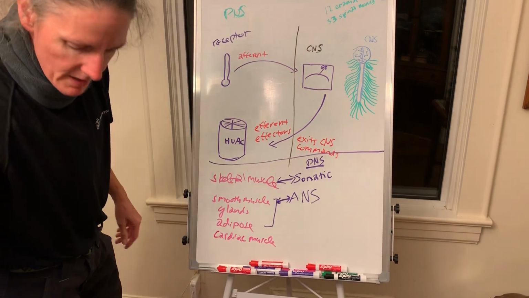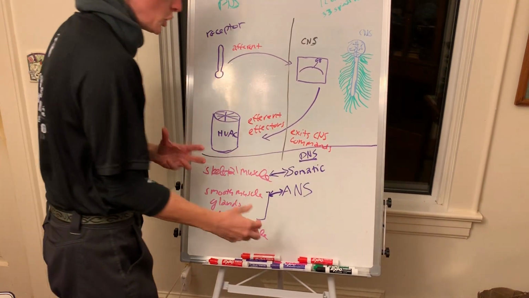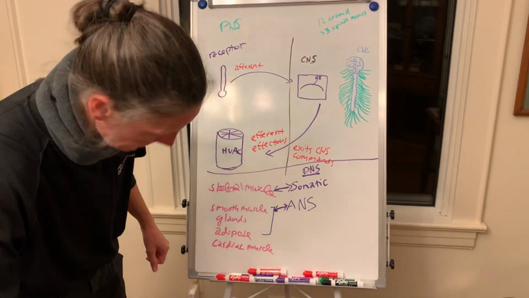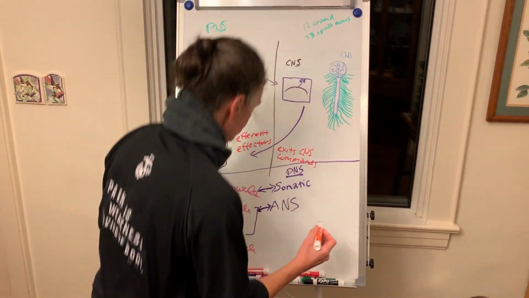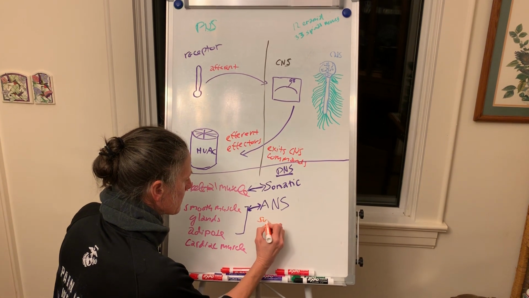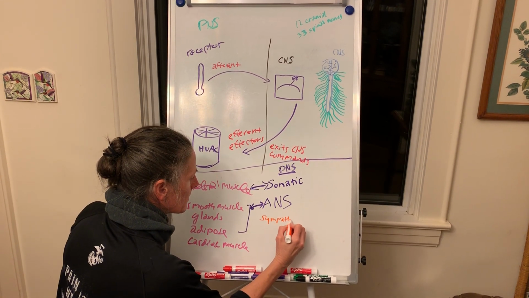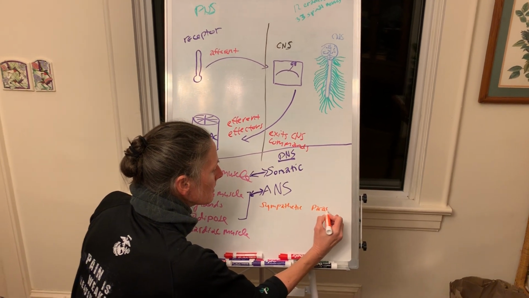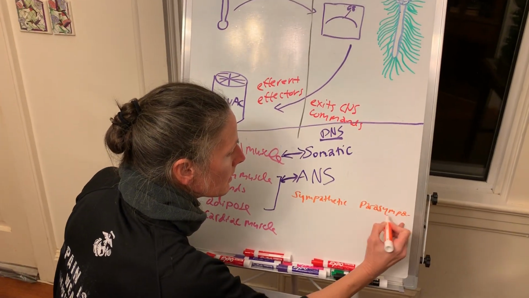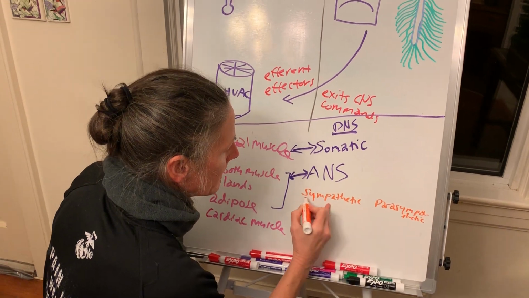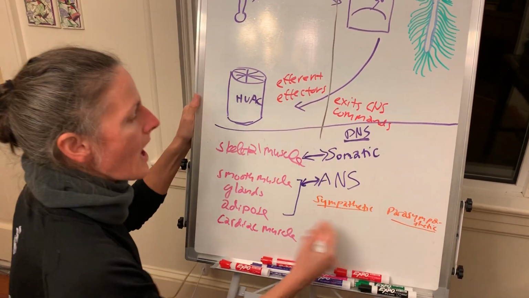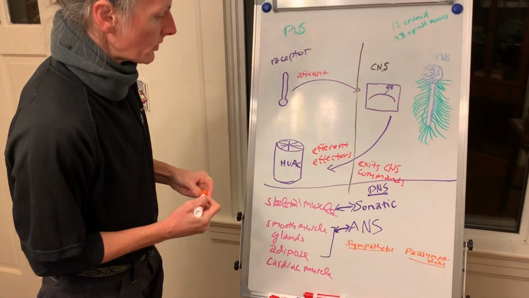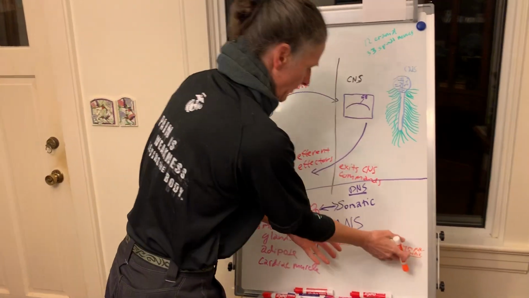Now within the autonomic nervous system, we have two divisions within the autonomic nervous system. We have the sympathetic division and the parasympathetic divisions. And these typically have opposite effects on the organ systems that they control. Most organ systems will have dual innervation from both of these.